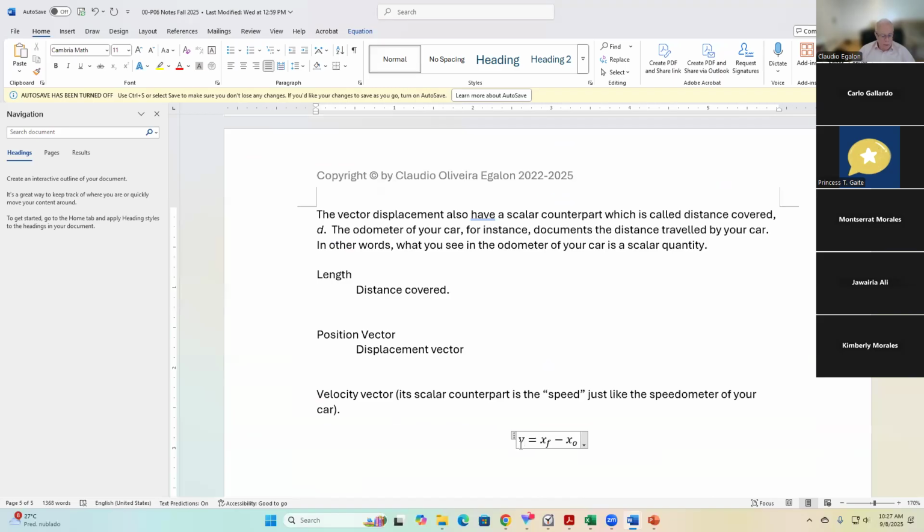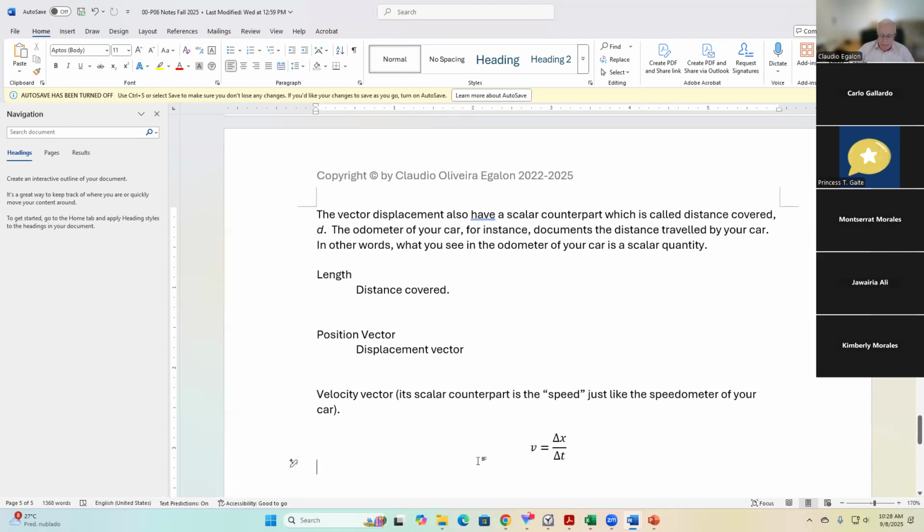V is going to be delta x divided by delta t. It is a combination of a vector and of a scalar, right? And this scalar is a basic quantity.